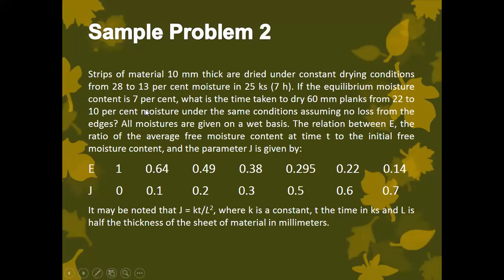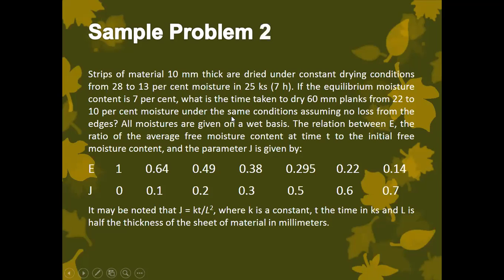If the equilibrium moisture content is 7%, what is the time taken to dry the same plank, but thicker? This one is 60 mm planks, and it will have to start from an initial moisture content of 22, and decrease to 10, under the same condition in which the first material was subjected to.